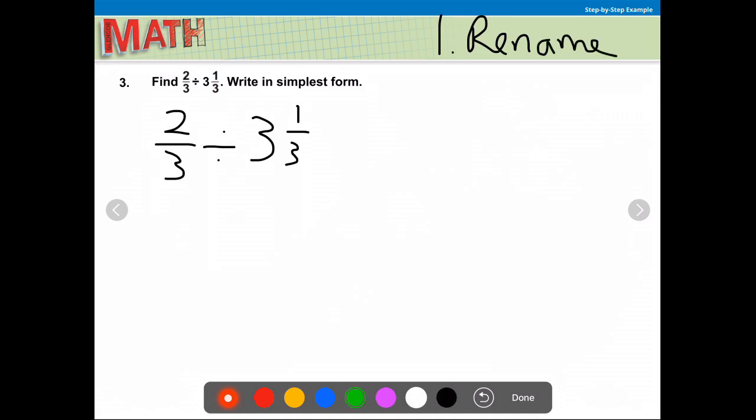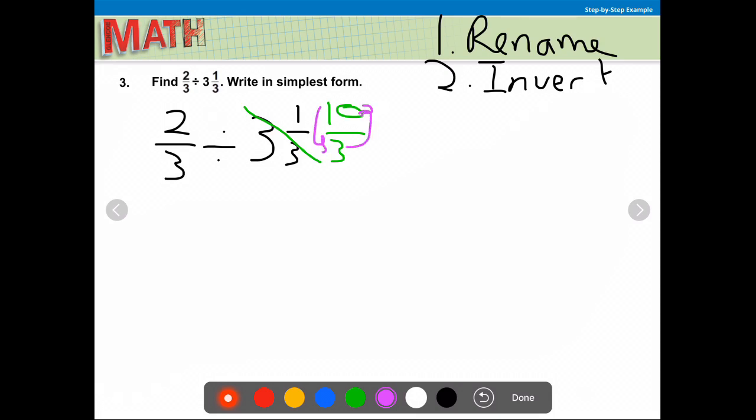So I'm going to change this to 9/3 plus 1/3, or 10/3. Then my step 2 is to invert. And so I'm going to put the 10 on the bottom and the 3 on the top, and change this to times. And I've got 2/3 times 3/10.